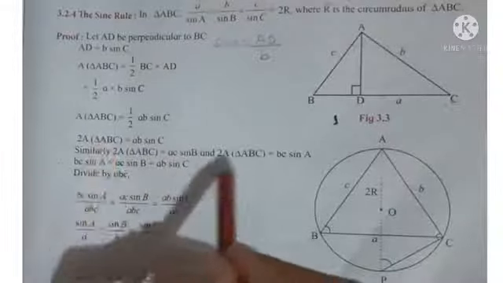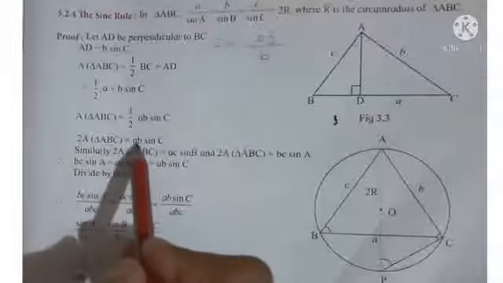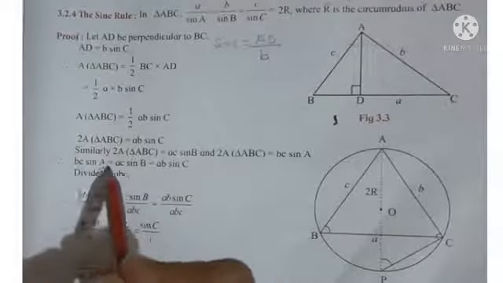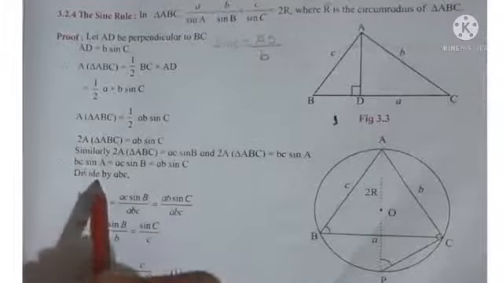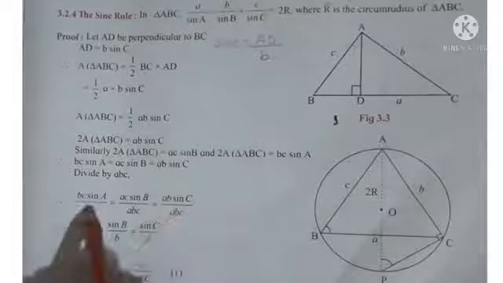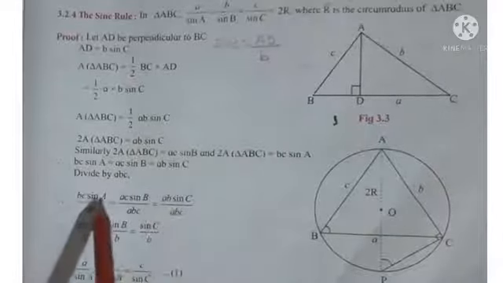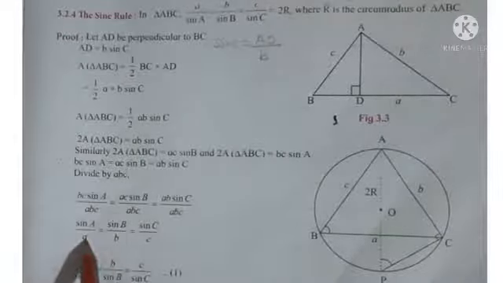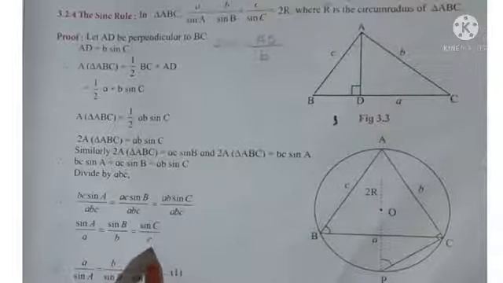Here the LHS is the same in these 3 equations. So we get ab sin C is equal to ac sin B is equal to bc sin A. Now here divide by abc. Dividing each term by abc, bc gets cancelled, here ac gets cancelled and ab gets cancelled. Remains sin A upon a is equal to sin B upon b is equal to sin C upon c.